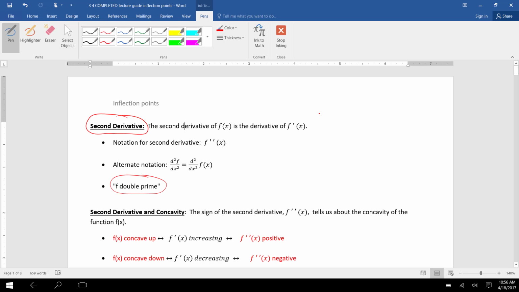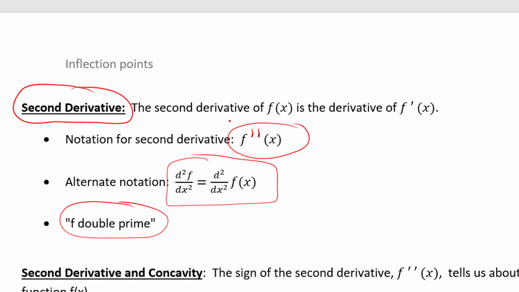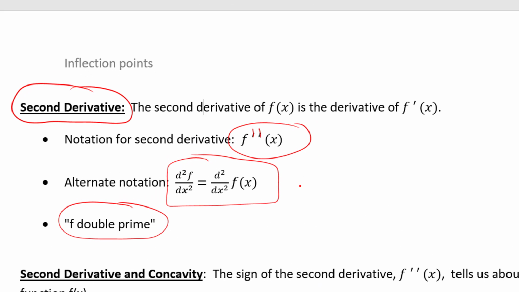So there are two notations you might see for the second derivative. One notation would be f, and you see we have the 2. An alternate notation, which we don't use so much in this class, but in a traditional calculus class we may use more often, has the d and the exponent 2 to indicate second derivative.